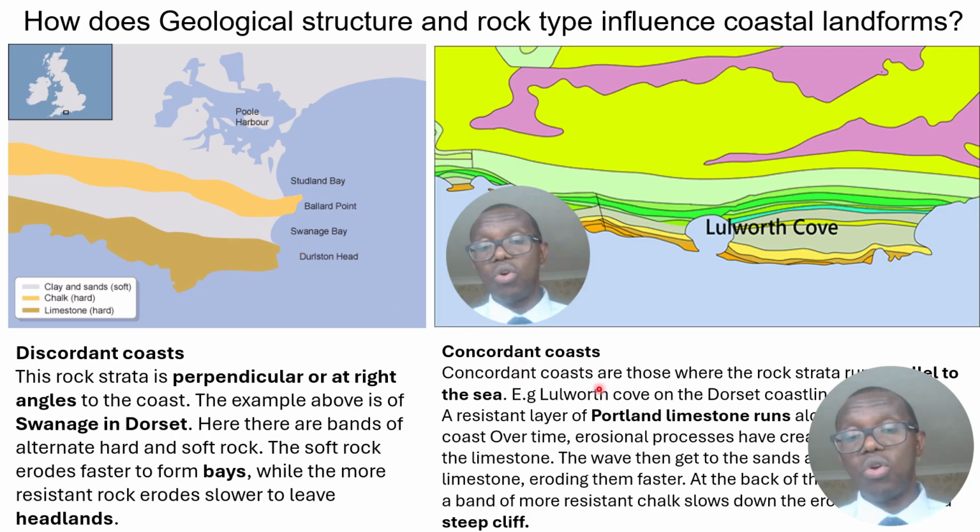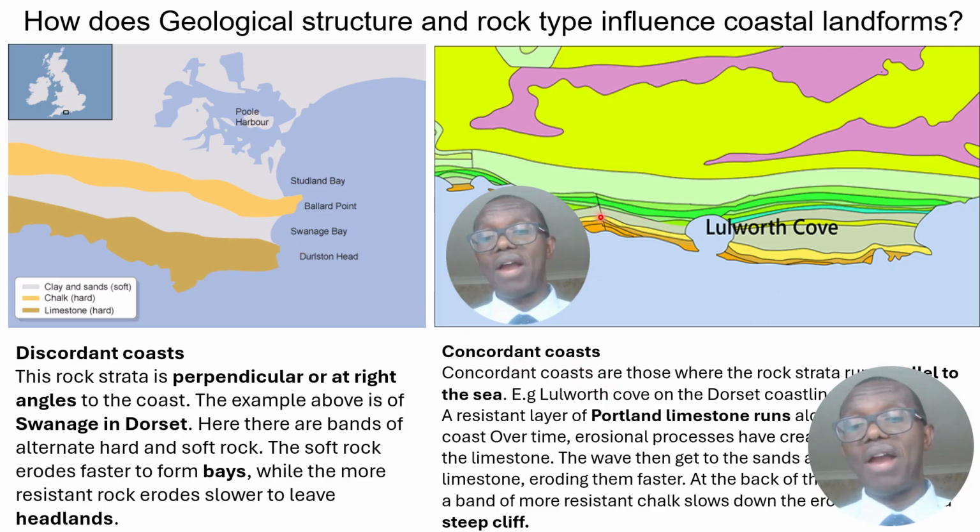But then when you get to concordant coastlines, those ones are running parallel, as you can see here, to the coastline, because the sea is here and the rocks are running parallel over here, and therefore these ones are in line with the coastline, hence the name concordant coastline. Again, here we have different geological structure.